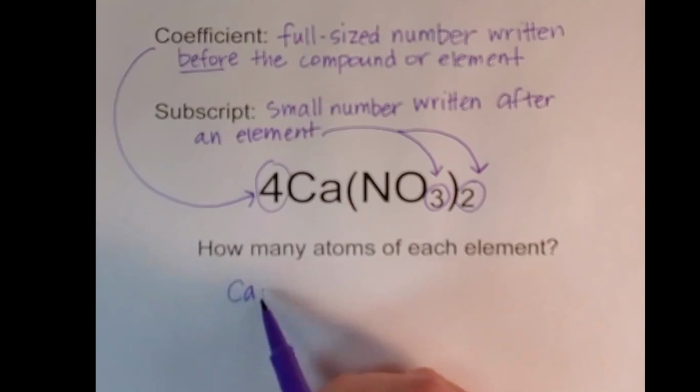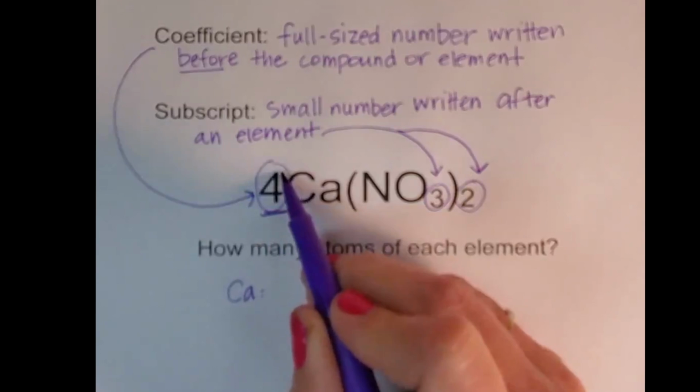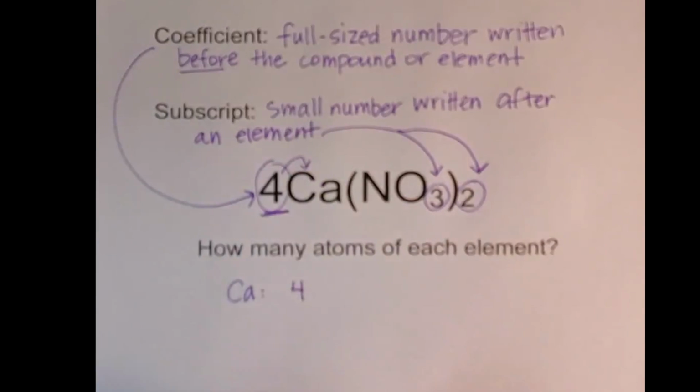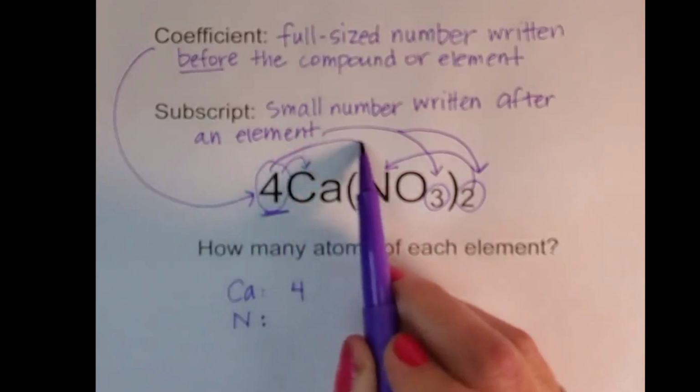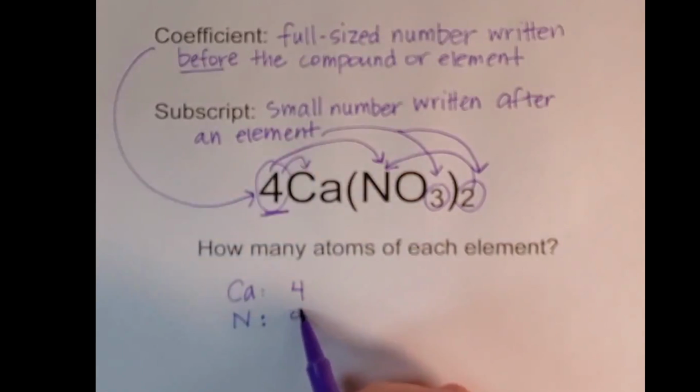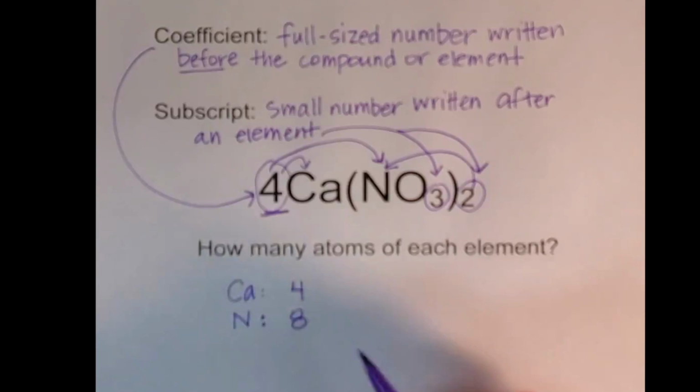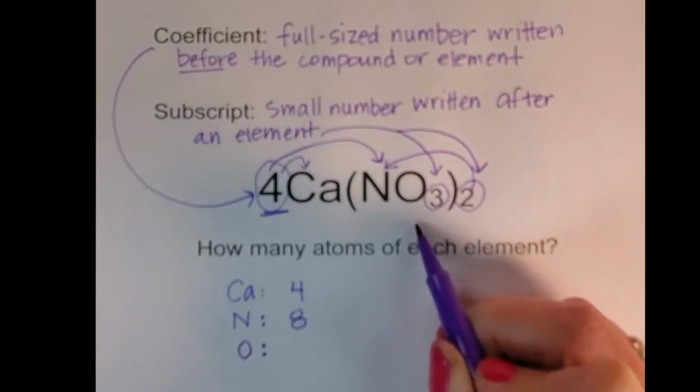To figure out how many of each element there are, you are going to multiply both by the coefficients and by the subscripts. For calcium, there are 4 atoms of calcium because there is a coefficient of 4. For the nitrogen, we have to multiply by the 2 because it is outside the parentheses that the nitrogen are in, and then we have to multiply by the 4 as well, so we get 8.